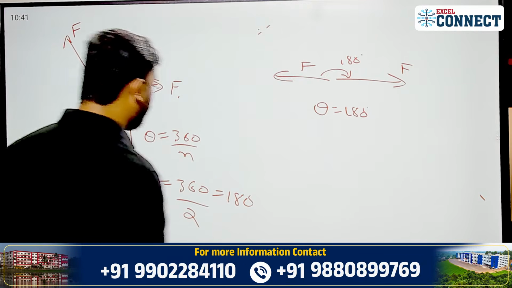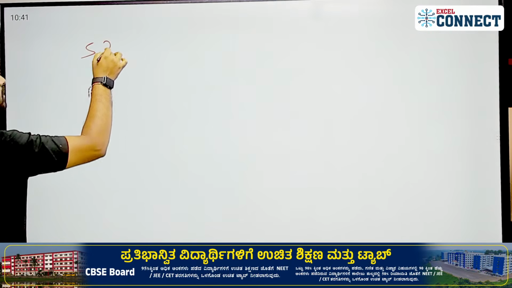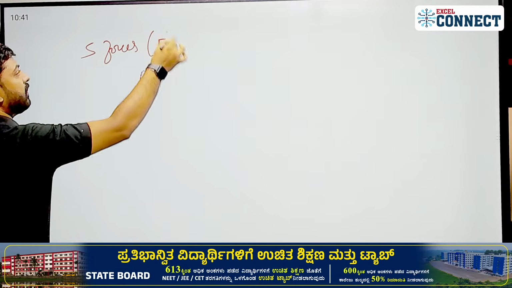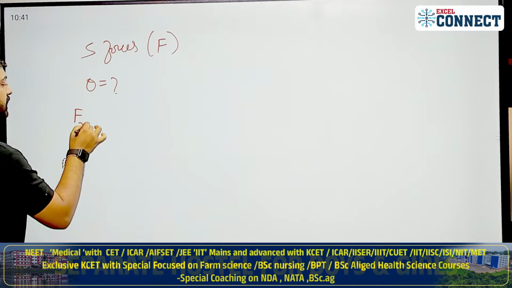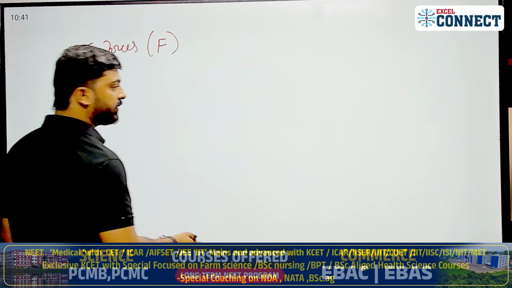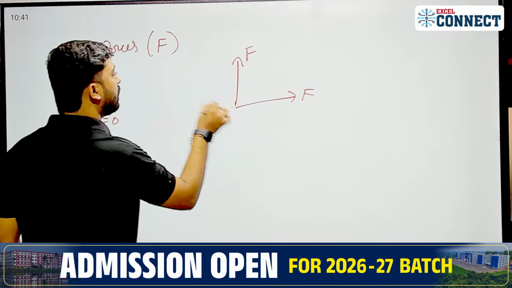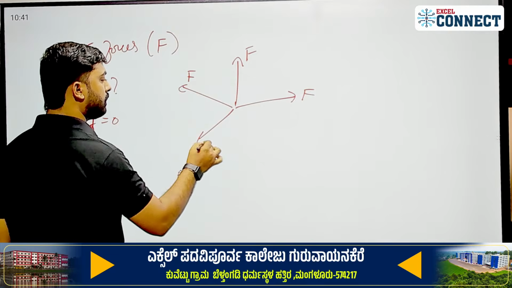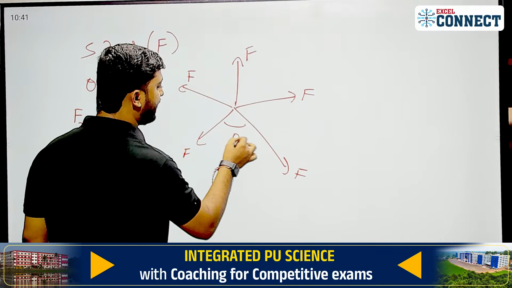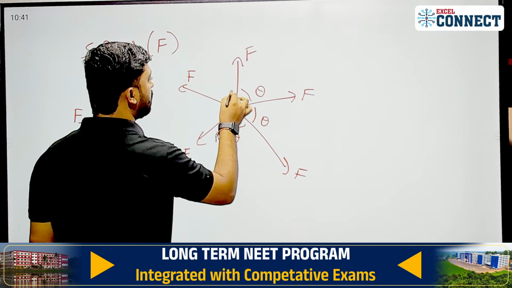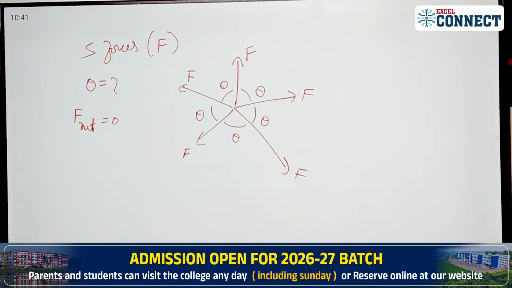If there are 5 forces, what should be the angle? There are 5 forces, each of which is F. Find the angle so that F net is 0. Suppose I have 5 forces. What should be the angle so that net force is 0?